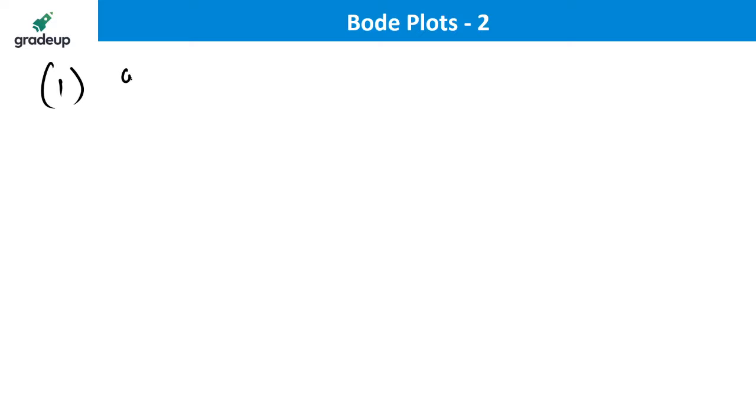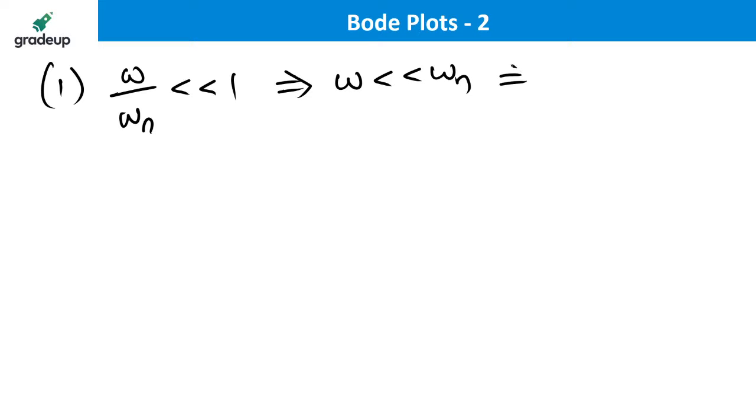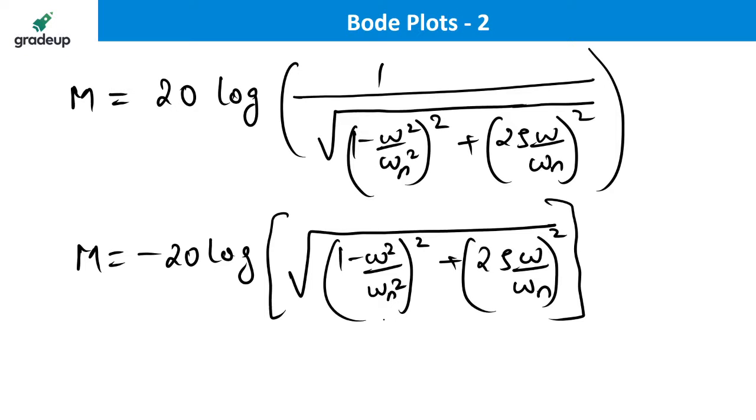First case, if omega upon omega n is less than 1, that means omega is less than omega n. That means talking about low frequencies. So magnitude will be equal to, look at this. Omega by omega n is less than 1, so squaring it, it is much less than 1. So it is neglected in front of 1. Same approximation that we did for the first order.